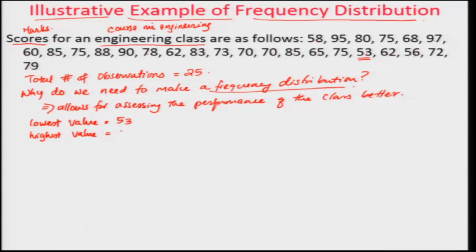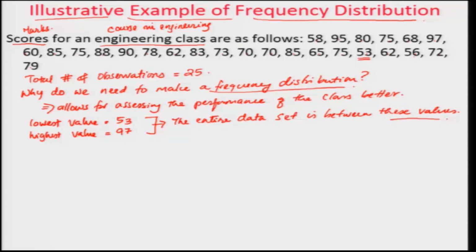I believe it is a 97, I believe that is the largest value. Highest value is 97. So, the entire data set is between these values, and other than the minimum and the maximum, we are not able to identify anything else between this.